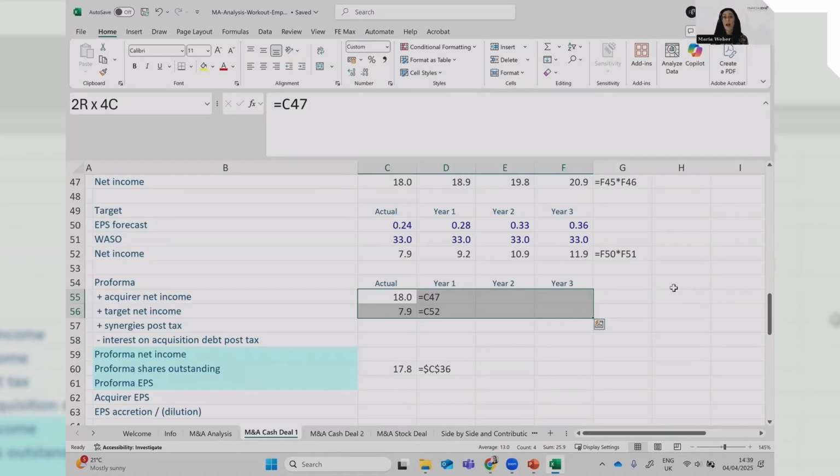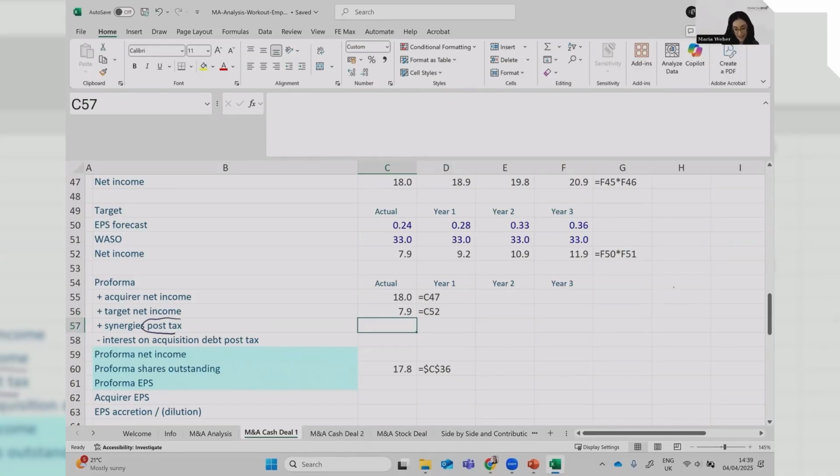Strategic acquisitions, I'm looking for synergies, cost savings, potentially revenue synergies. So synergies I want to bring in. And be careful, we need to work after tax, because net income is your very bottom line of the income statement after tax. So synergies, we've got to make sure are after tax too.